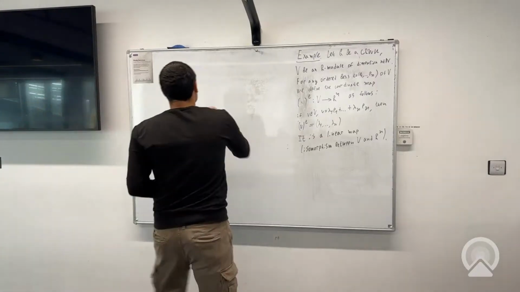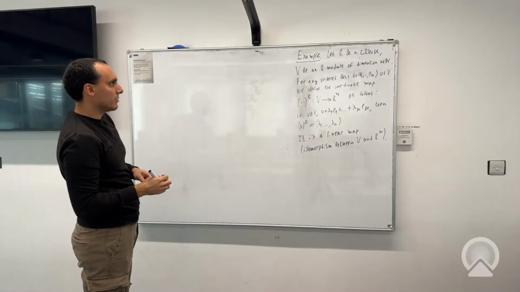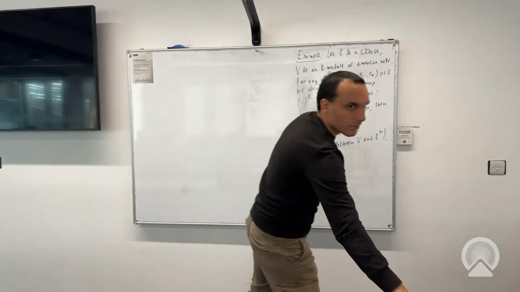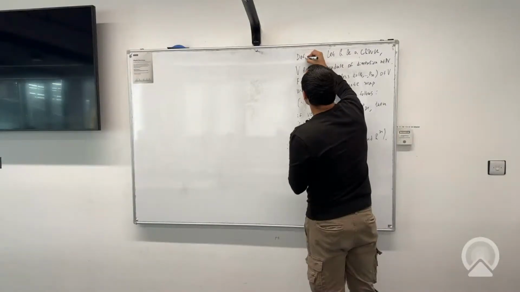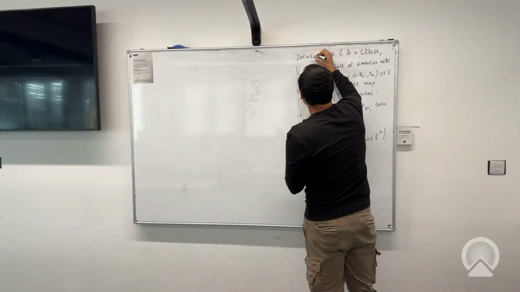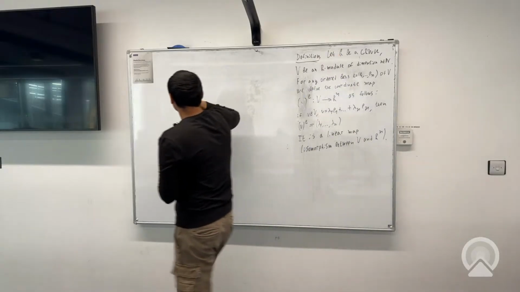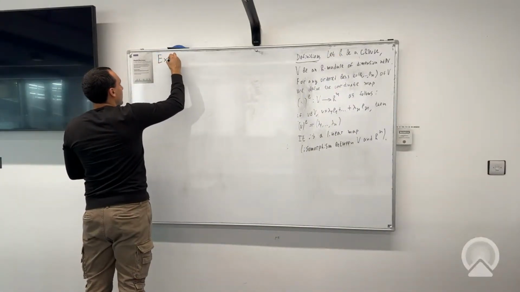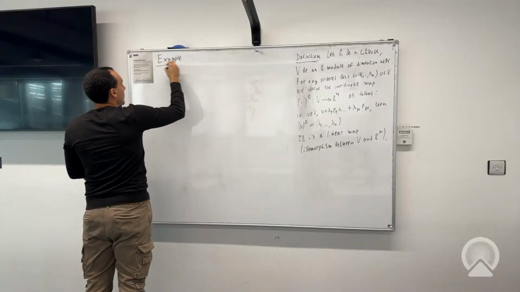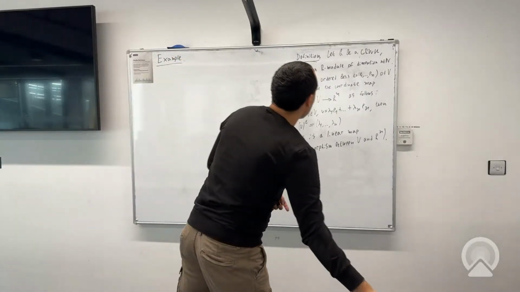Let me give some example here for this thing here. Maybe this was not an example, this was a definition. Let's rewrite the definition and give some example here. For instance, polynomials.